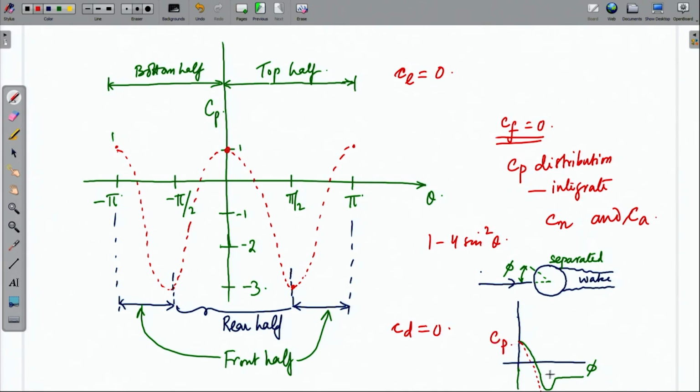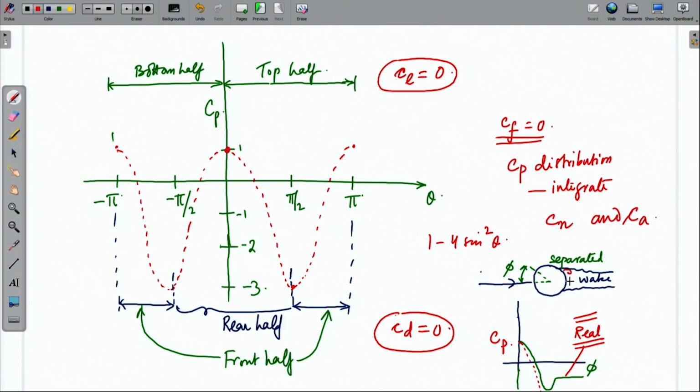So, the anomaly between the theoretical pressure distribution and the real pressure distribution through an experimental effort or a computational effort creates differences between the forces, and we find that the difference is basically produced in the drag. The lift remains 0, at least in a time average sense. Why time average?